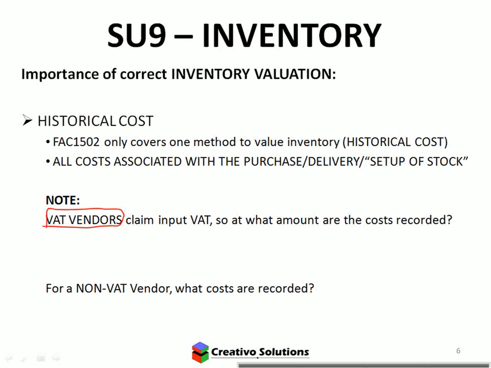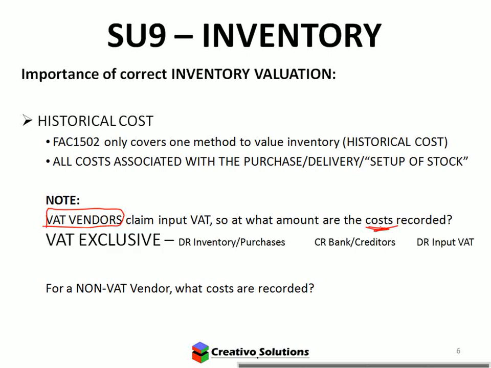Good. Right, so VAT vendors claim input VAT. So what is the amount or the cost that is going to be recorded? Will I record the purchases at the VAT inclusive or VAT exclusive if I'm a VAT vendor? Correct.